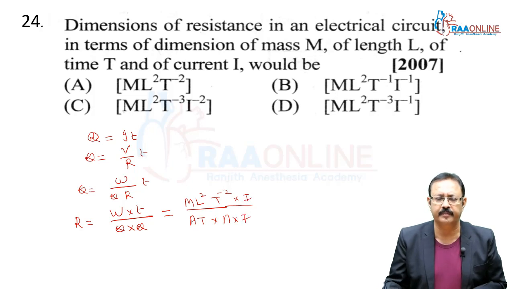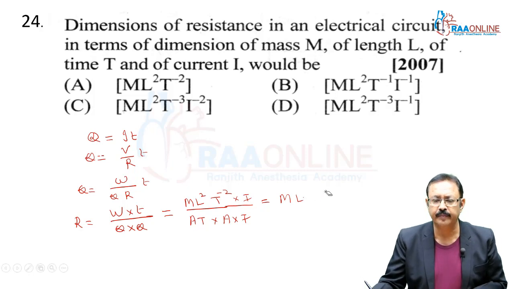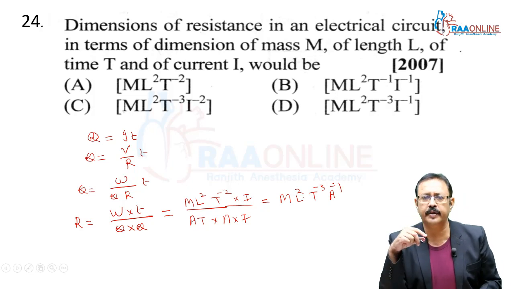Cancel the time. What we are getting is M L^2, T^-2 in the numerator and one more T in the denominator, so it will become minus 3, and A^-2 as well. So ML^2 T^-3 A^-2.